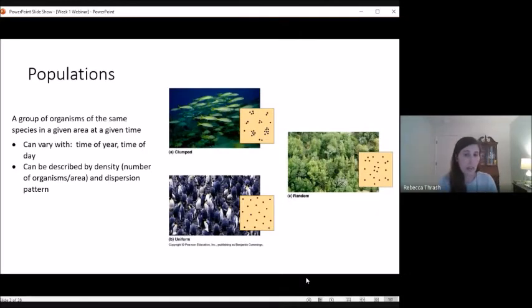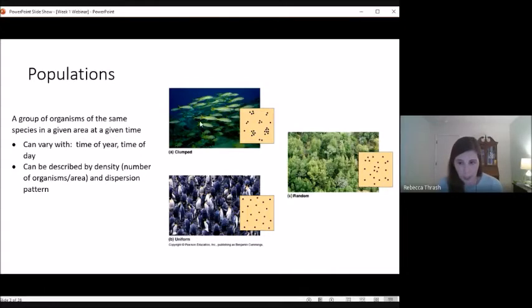So when we look at the density and the dispersion of populations, we want to look at how many organisms are present in the area at any given time, so high density versus low density, and then their dispersion pattern. So here I've got shown 3 different dispersion patterns: clumped, uniform, and random. And a lot about how a population and a species operates within their ecosystem is going to determine this distribution.